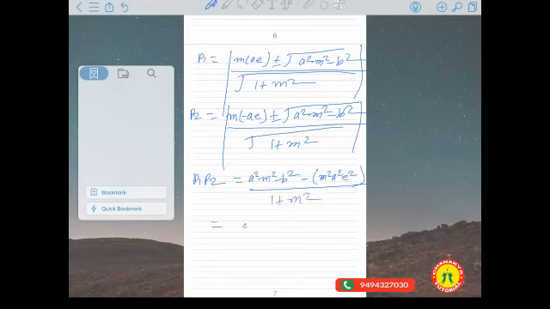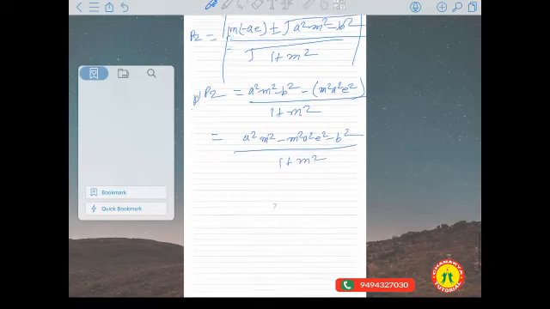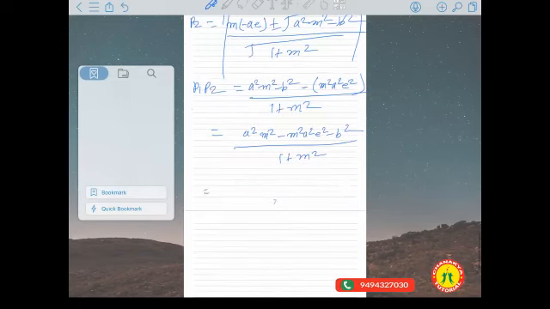Now if you simplify, a square m square minus m square a square e square minus b square upon 1 plus m square. Now take m square common: m square common, a square minus a square e square. Simplify this.